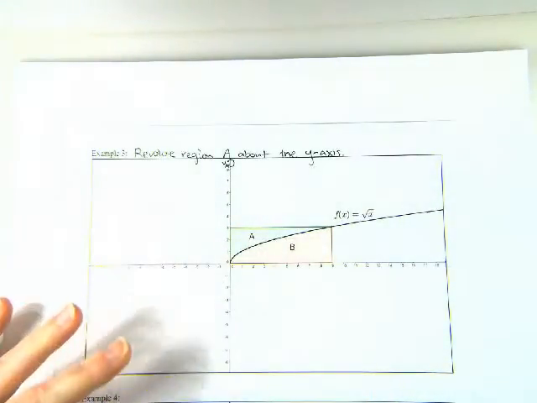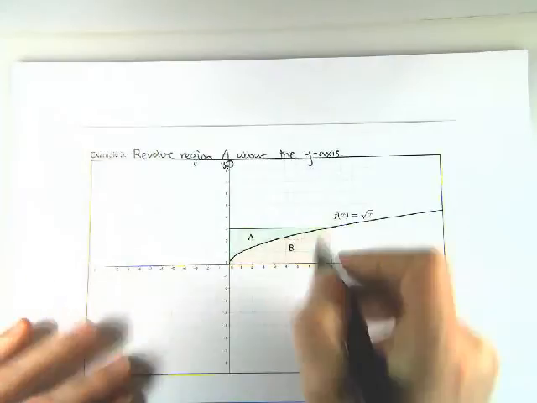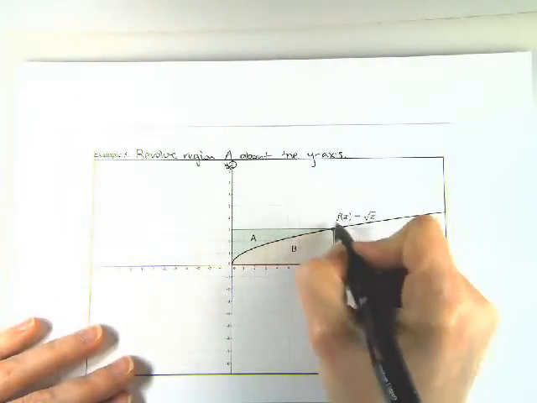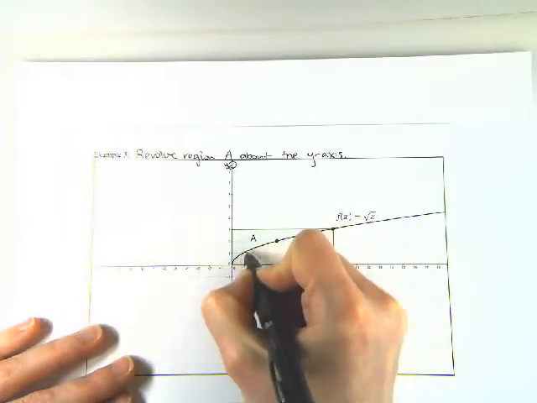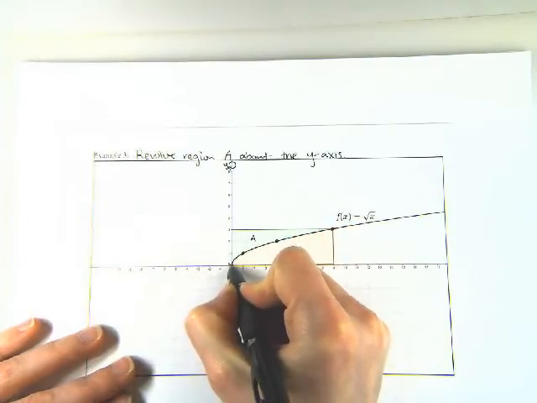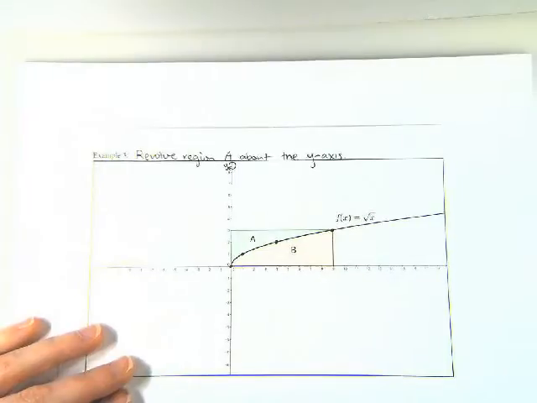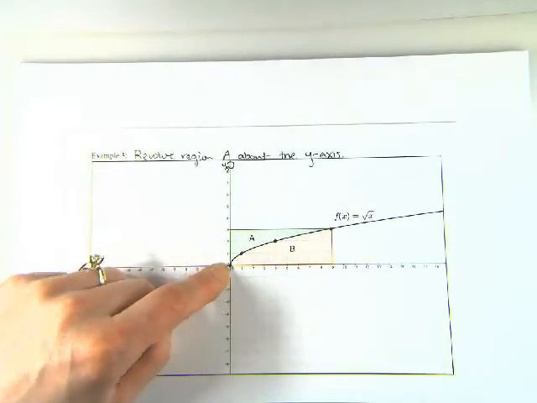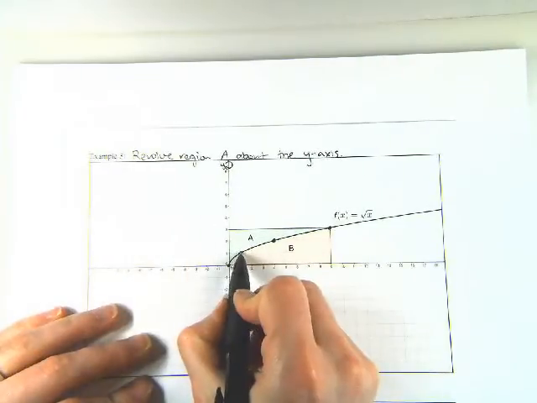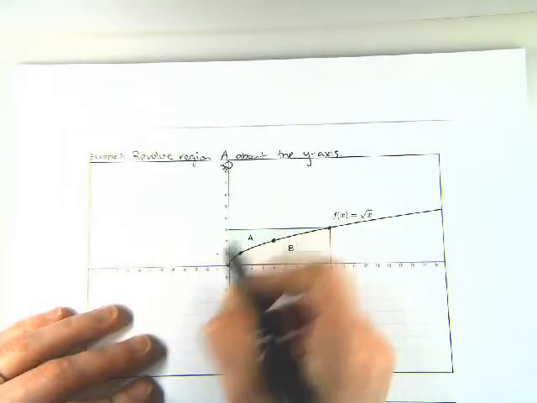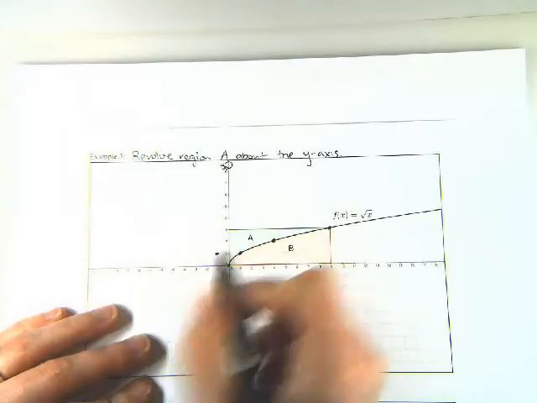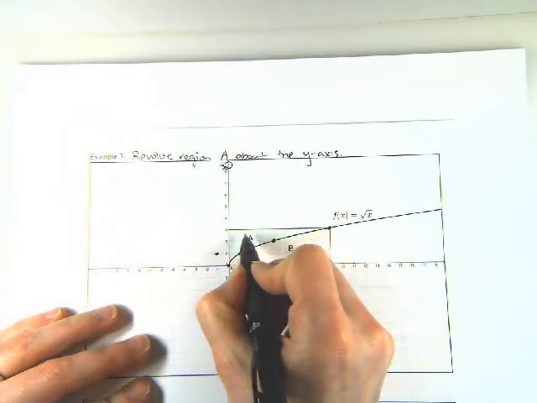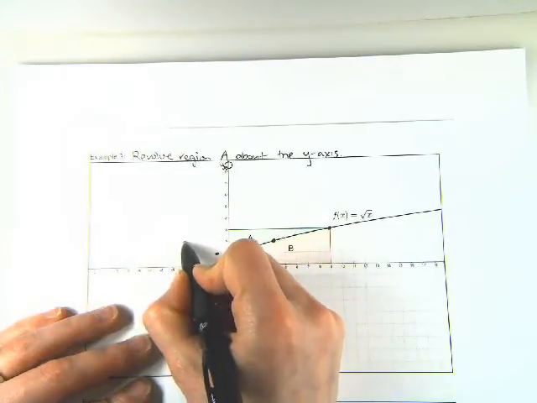So we're going to start again by reflecting and then make it 3D. So I'm going to just pick some of those nice points that we had found earlier. There's really 4 nice ones along the root x function. 0, 0 staying where it is. 1, 1 would go over the y-axis and would go here to negative 1, 1. 4, 2 would go over the y-axis and will go to negative 4, 2.